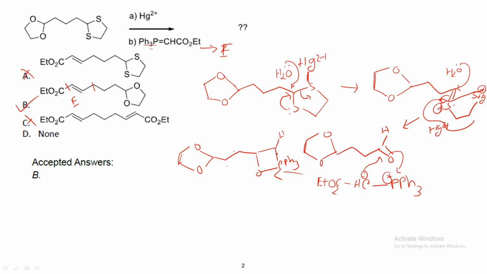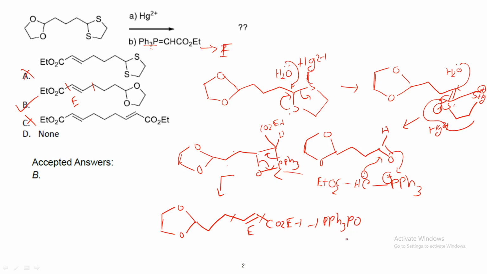So now just simple elimination, formation of this phosphine oxide, and here we would be generating one double bond or olefin whose stereochemistry would be selectively E, right? And phosphine oxide would be generating.